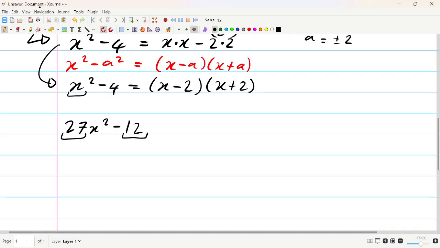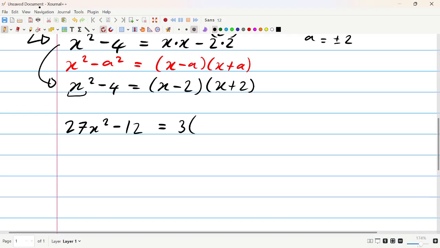These are not two perfect squares, but we notice that x squared is a perfect square. Now this is where we're going to go back to our previous step, which was highest common factor. So what is the highest common factor in this case? What goes into 27 and 12 at the same time, which is the highest? If you said 3, then that is 100% correct. So we can take 3 out as a common factor.